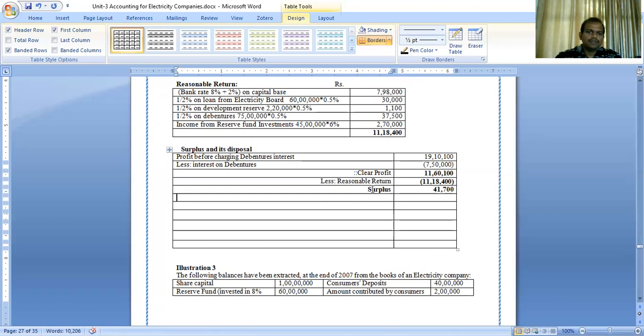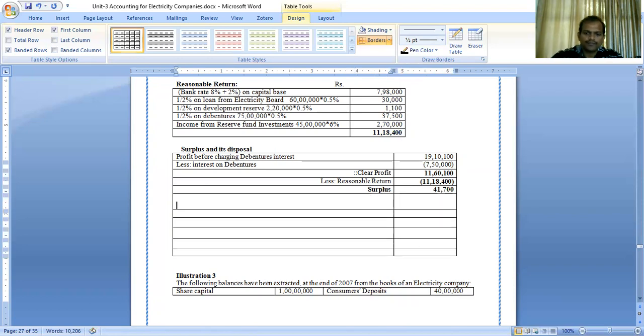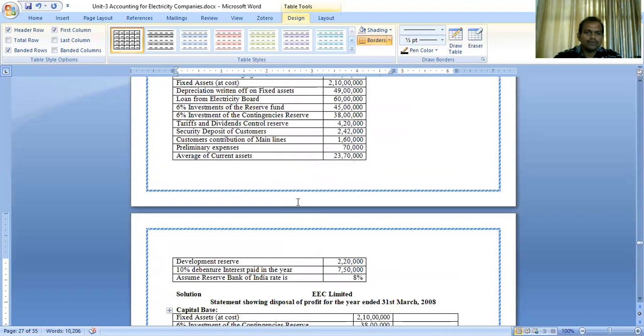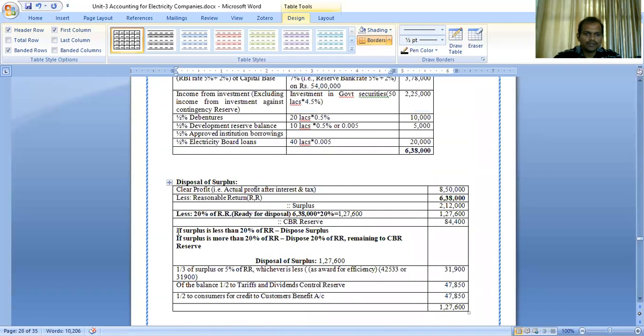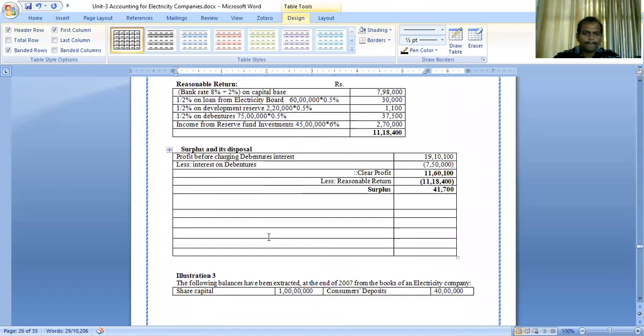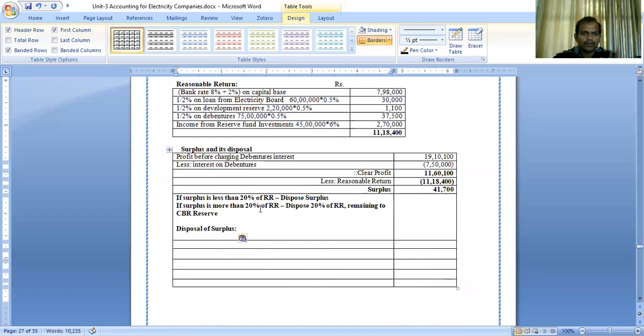So for the understanding purpose, I'm just copying this portion. See, if surplus is less than 20%, dispose of the surplus. If it is more than 20%, dispose of the 20% of reasonable return.